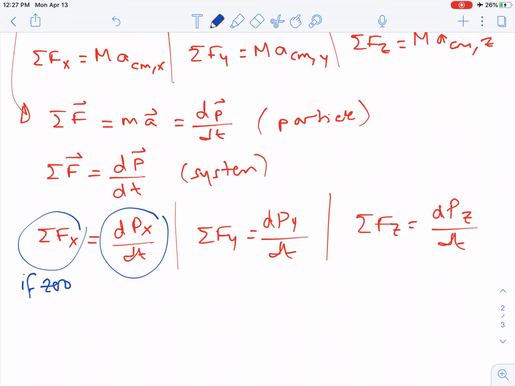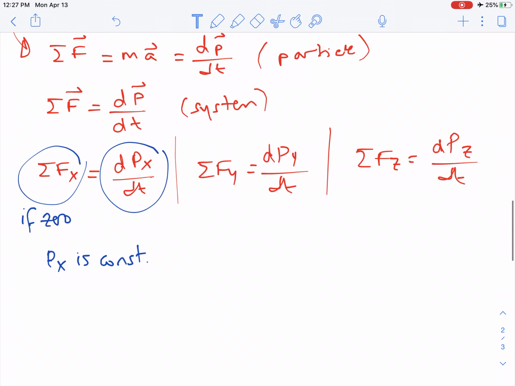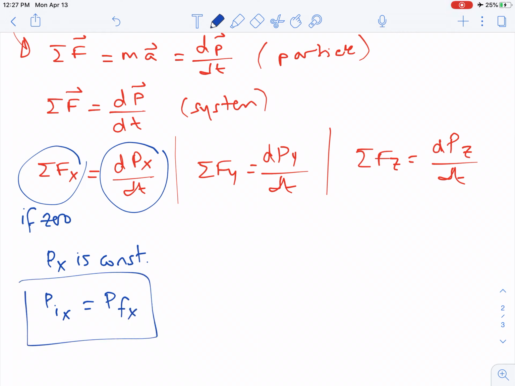So that tells you there's no change. So px is constant then. What that means is initial px equals final px. They are going to be the same. This is what momentum conservation is. So in this case, momentum is conserved along the x direction.